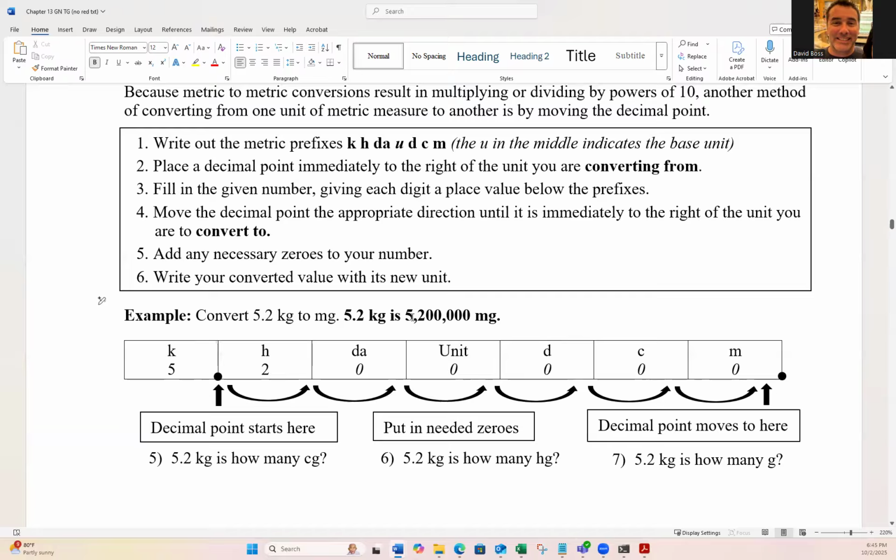So the decimal point was here. We moved it 6 times. 1, 2, 3, 4, 5, 6. Now the decimal point is here. So 5.2 kilograms equals 5,200,000 milligrams.